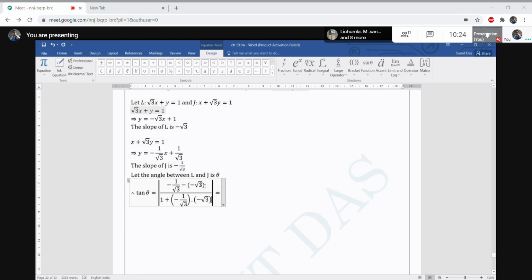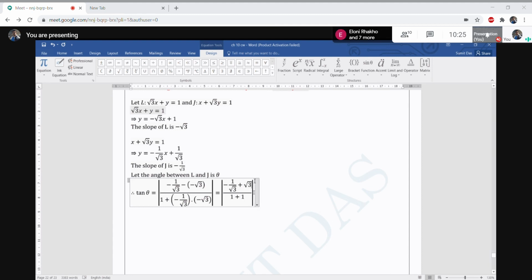Okay, so if you simplify this one, in the denominator, look, root 3 cancels, so it will be 1 plus 1. Why? Minus minus plus, 1 plus 1. In the numerator, minus minus will be plus square root of 3.